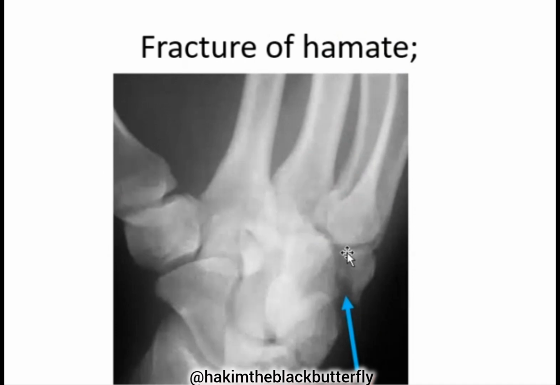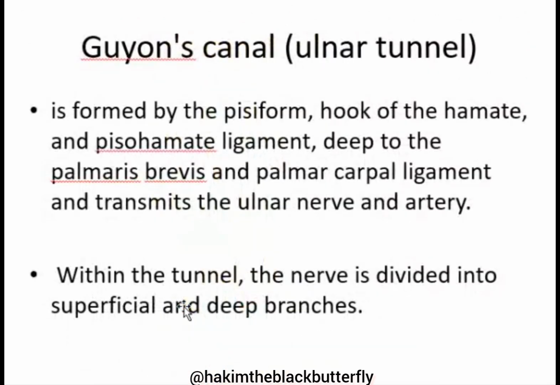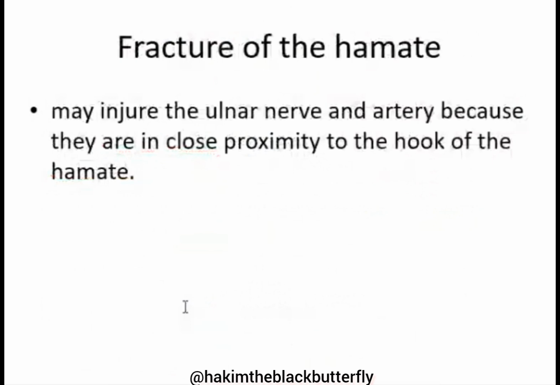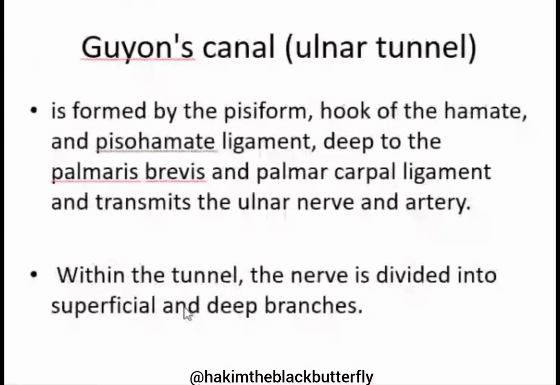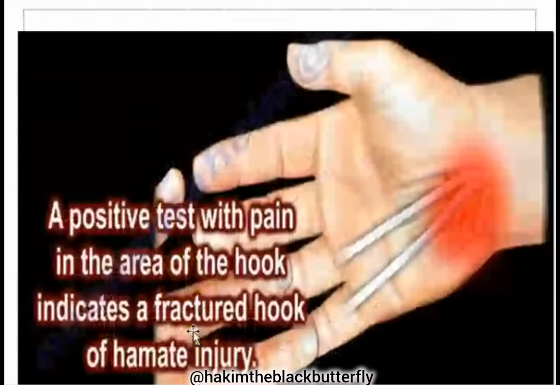Fractures of the hamate are going to lead to the compression of the ulnar nerve as it is passing through the Guyon's canal. So that is the danger. When the hamate fractures, the ulnar nerve can be compressed as it's passing through the Guyon's canal.